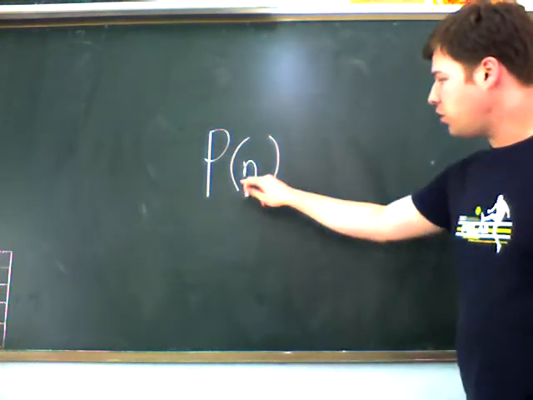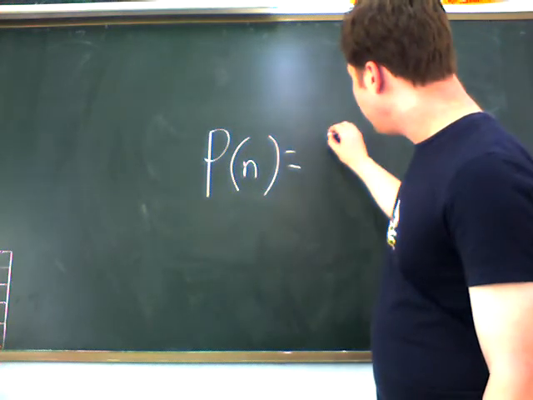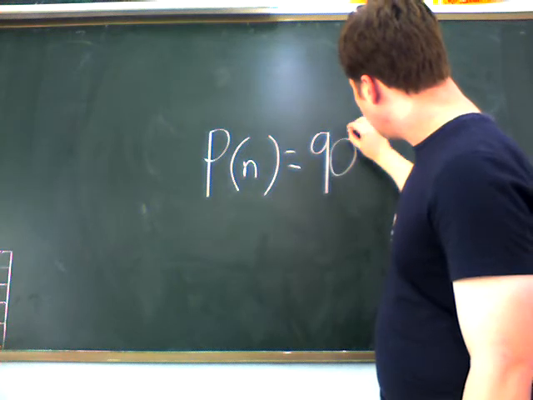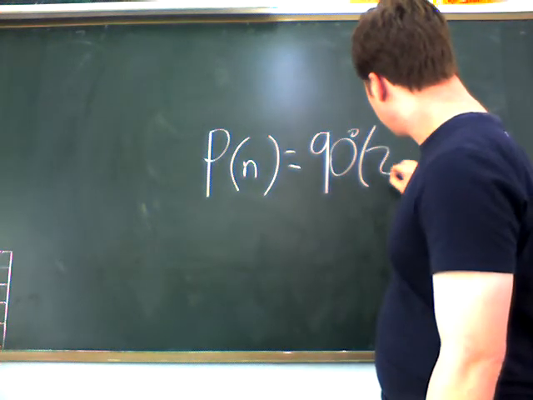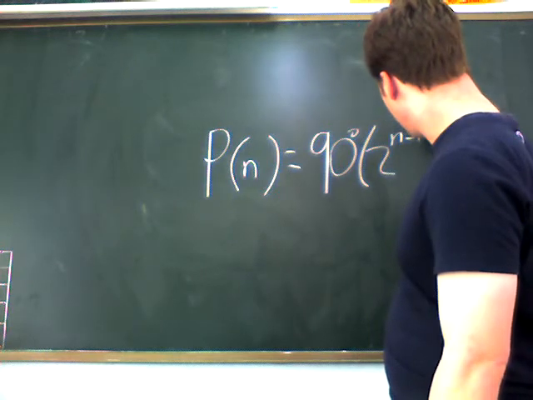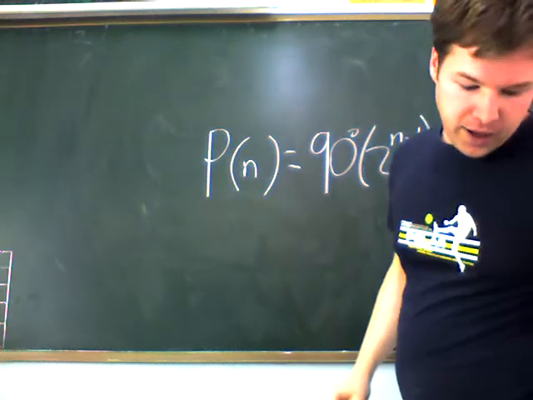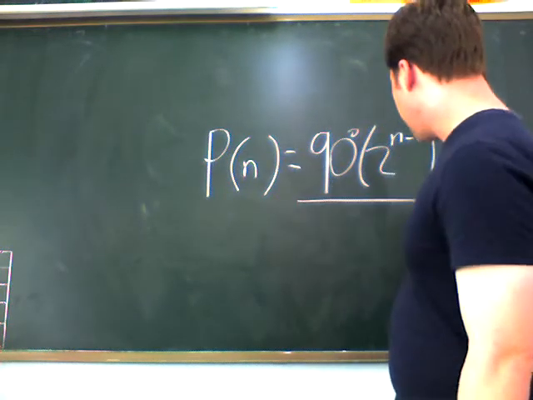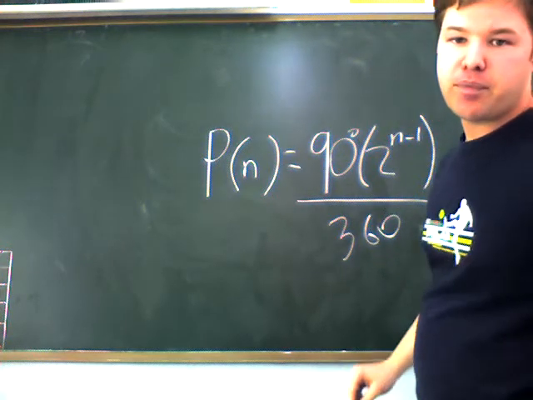The dependent variable is going to be n. So this is going to be 90 degrees times 2 raised to the n minus 1, and all of this is going to be divided by 360, as you can see.